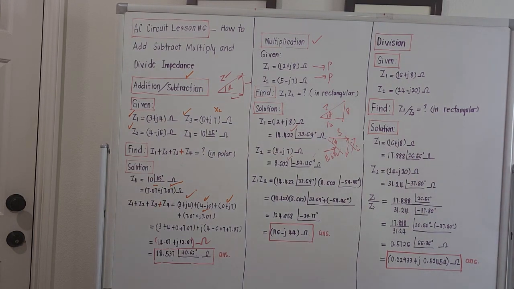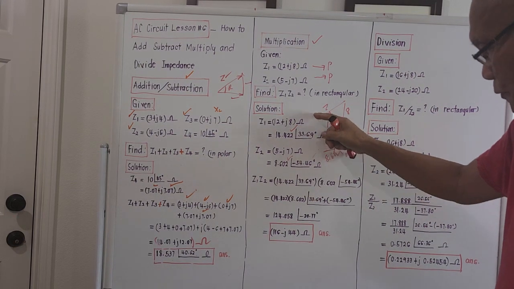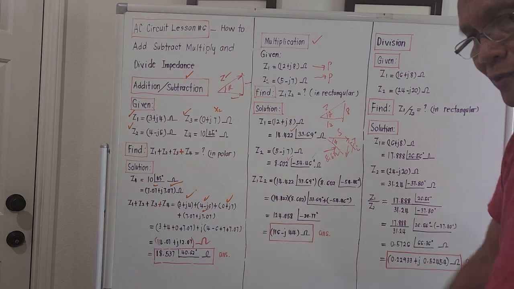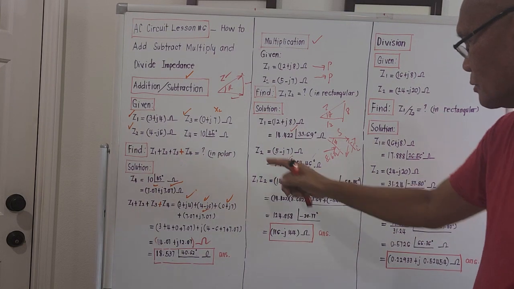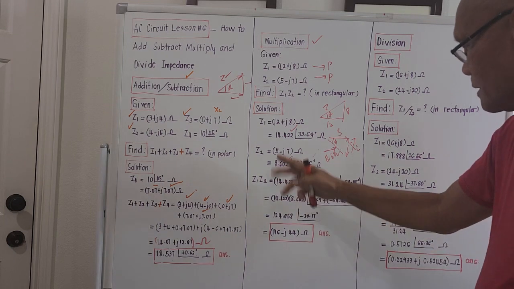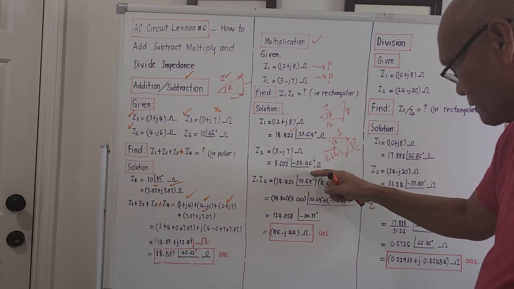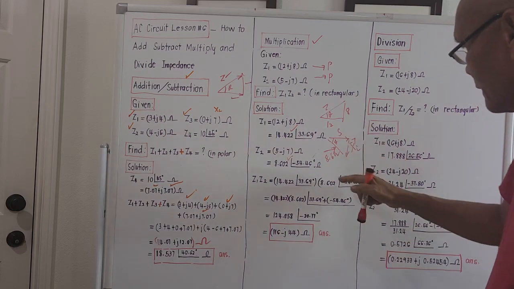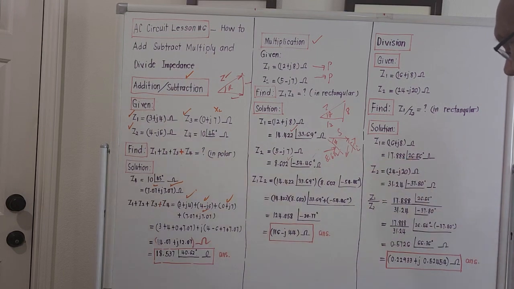So we are now given Z1 and Z2 in polar form, so we can proceed with the straightforward solution. Z1 Z2 will be 14.422 angle 33.69 degrees multiplied by 8.602 angle minus 54.46 degrees.